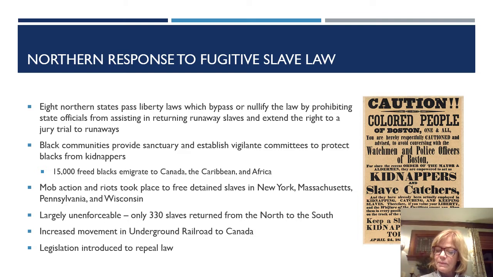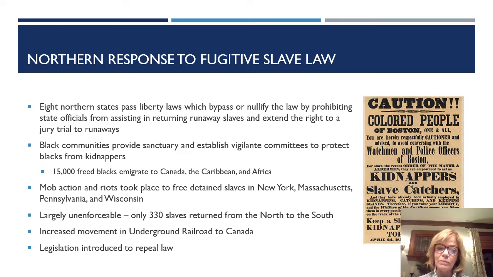And what they do is they pass laws that prohibit officials from assisting in the return of any runaway slaves. Black communities organized vigilante groups or places where there was sanctuary for people to hide to protect them from being kidnapped.